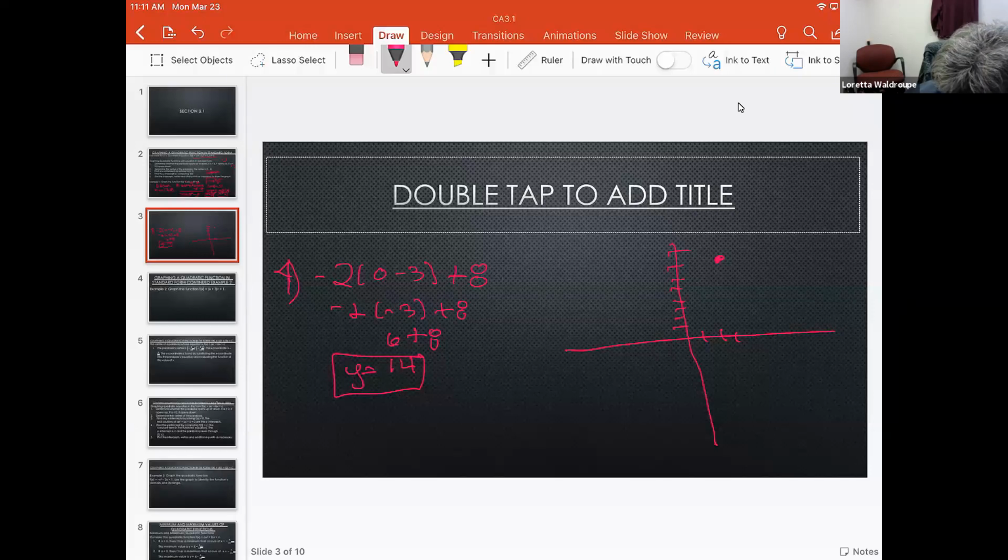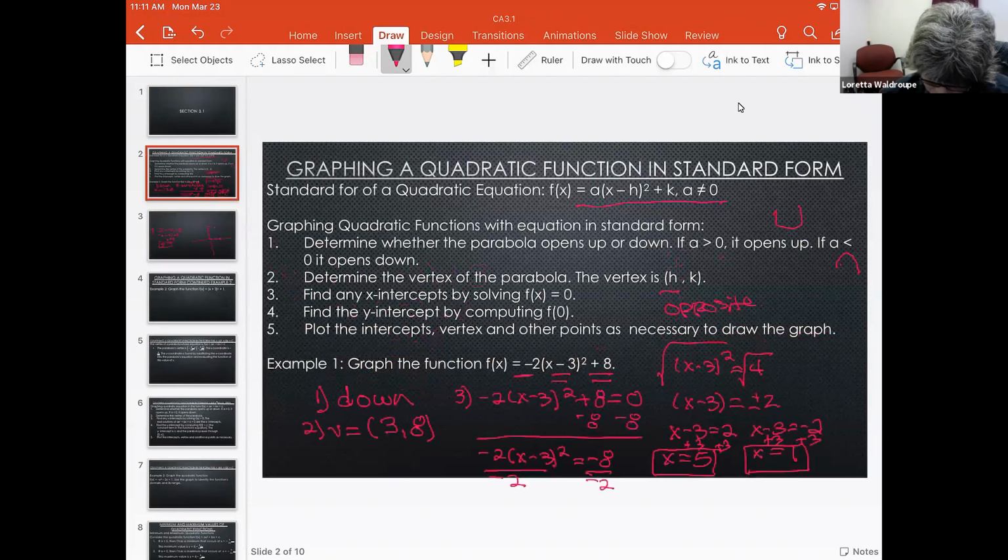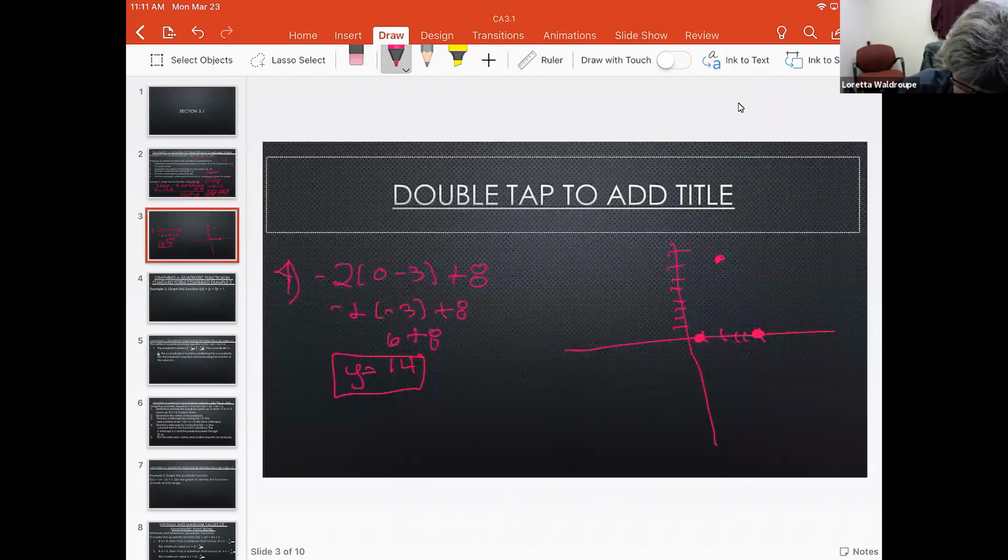My x-intercepts were 1 and 5, and my y-intercept is 14. Did I do that right? Oh, nope. What did I miss here? We didn't square that -3, did we?